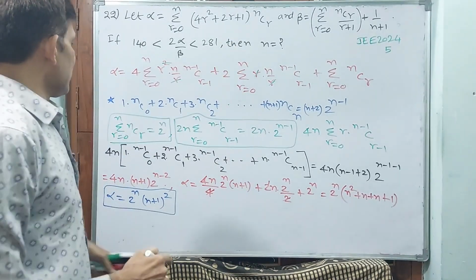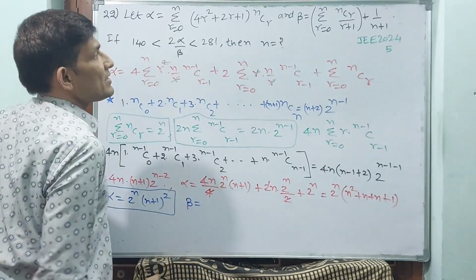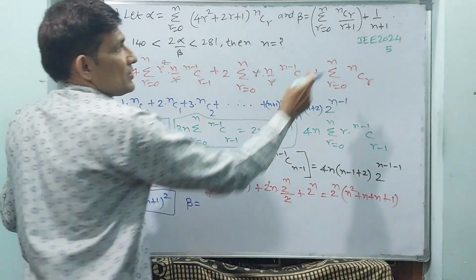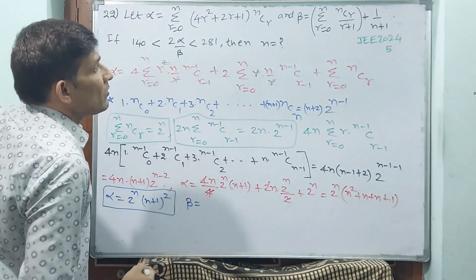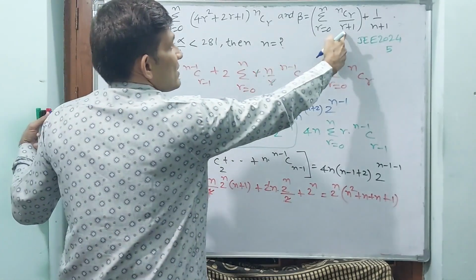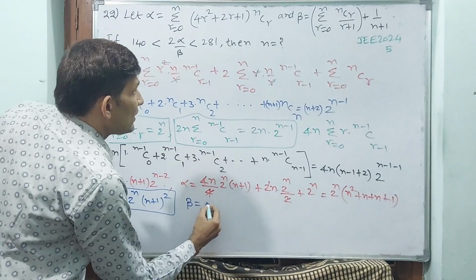Beta also we will solve like this only. Okay, beta I am writing. Beta is equal to, see this n plus 1 by n plus 1 is separate from this. Okay, now here r plus 1 is giving hint to me. Okay, now I am taking like this.